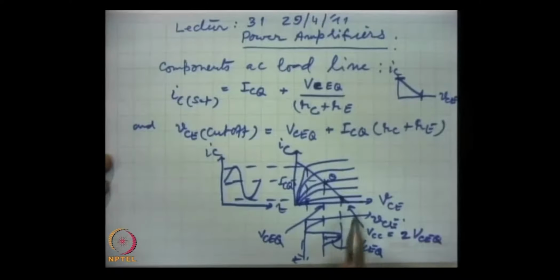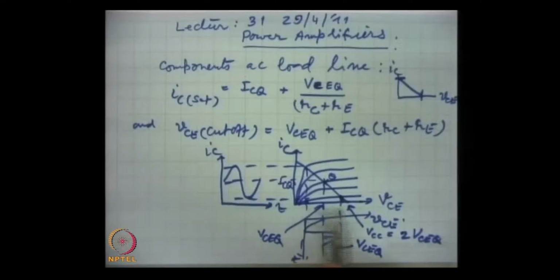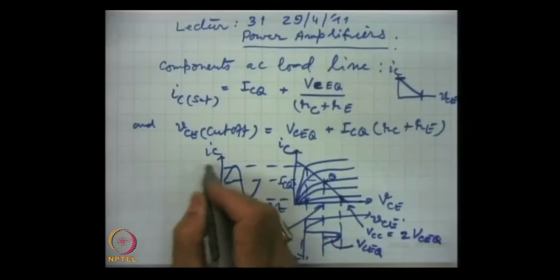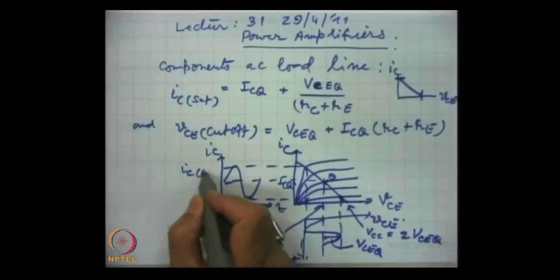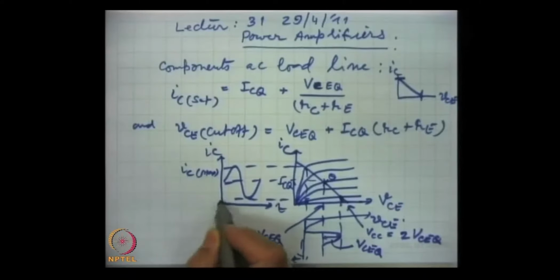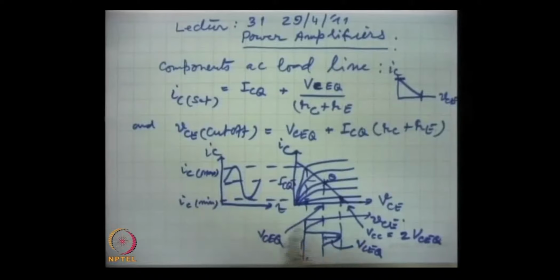This is the minimum voltage, this is the maximum voltage. Similarly here, this is IC maximum and IC minimum, and the minimum and maximum voltages are here.